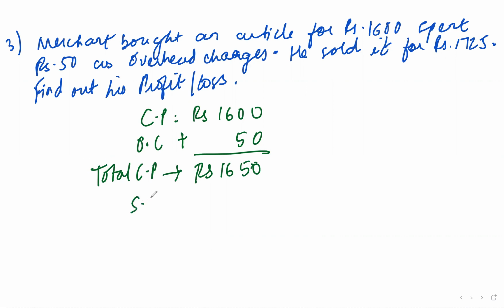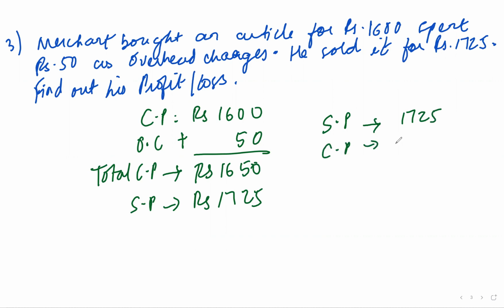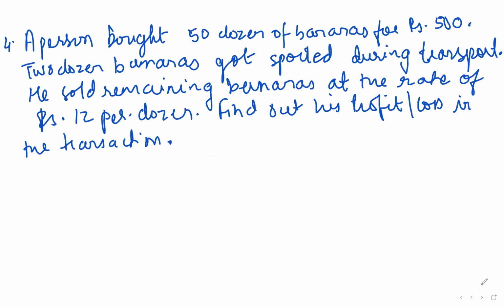Selling price we know it is 1725. Whenever selling price is more than cost price, it is profit. So selling price 1725, cost price 1650 minus, it is profit. So profit is of rupees 75. Correct, kiddos?